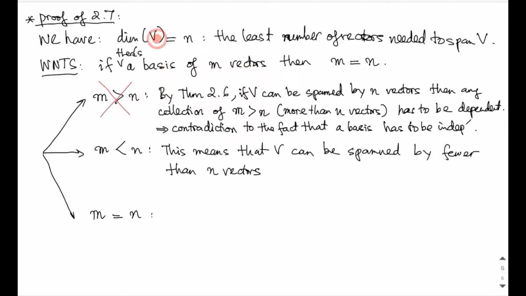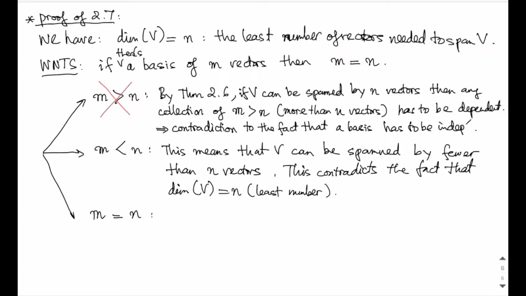And that means V can be spanned by m vectors, but m is less than n, so V can be spanned by fewer than n vectors. And this contradicts the fact that n is the least number needed to span V. Alright, so we know this cannot be the case as well. And so m equals n has to be true.